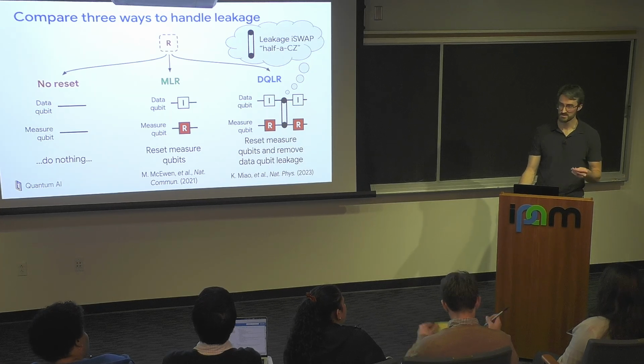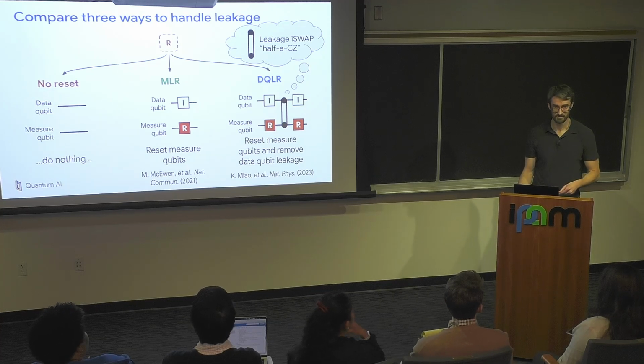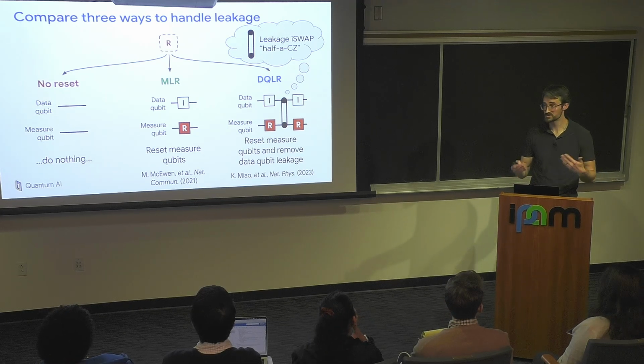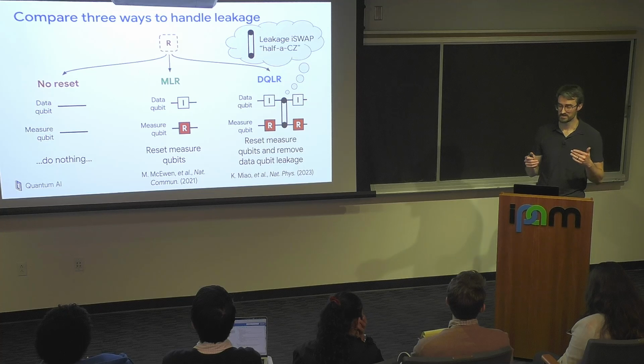Yeah, so there is no feedback in the circuit, meaning we do all of these gates unconditionally, and we also don't know when we're doing the QEC circuit whether leakage has happened or not. So these leakage removal operations are preventative. In fact, most of the time we put them in all the time, and most of the time leakage isn't there. But it means that they will work without knowledge of whether leakage has happened.